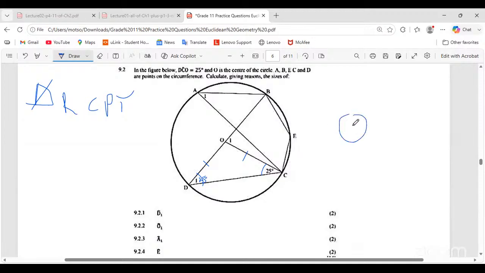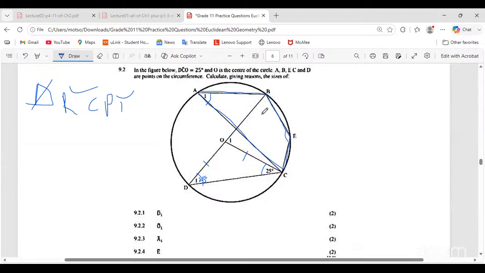We can go for the theorem that says a radius is perpendicular to the tangent. But there is no tangent in this diagram. Now we are done with R. We go to C, the cyclic quad, and we find that ABEC is a cyclic quad as its vertices touch the circumference. The property of a cyclic quad states that opposite angles are supplementary. What do we mean by supplementary?